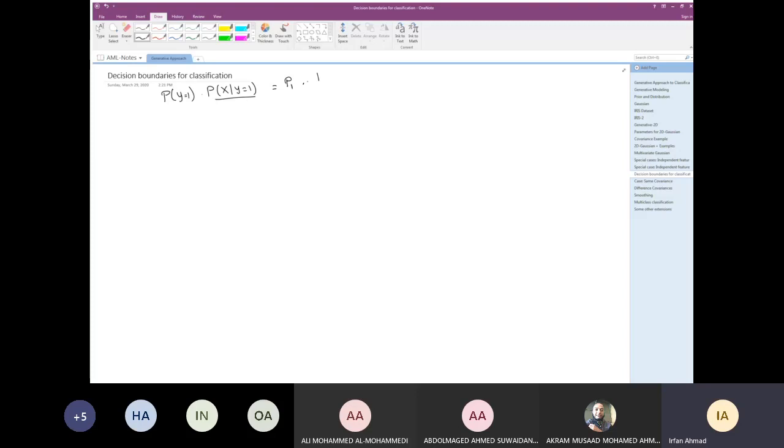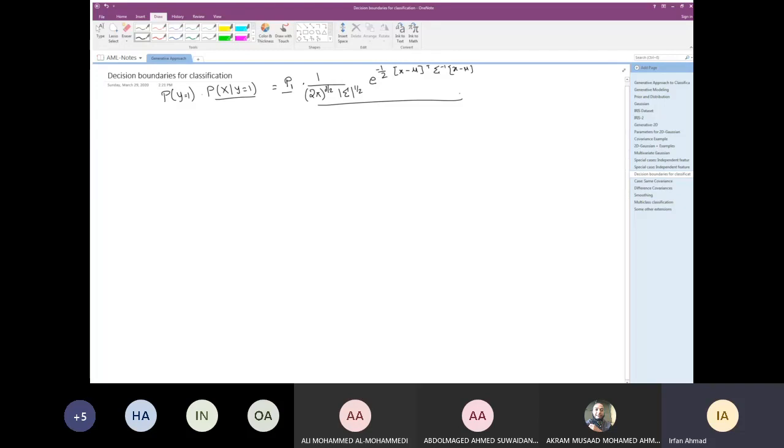It's nothing but 1 over (2 pi) to the d by 2, the square root of the determinant of the covariance matrix, times e to the power of the exponent. This is what we have, right? So this is the prior, and this is the likelihood of generating x from the class distribution of y.